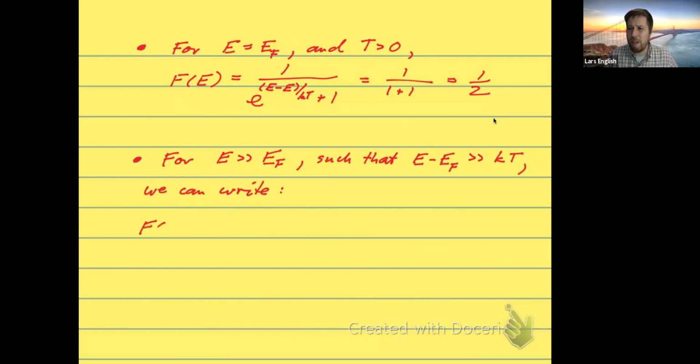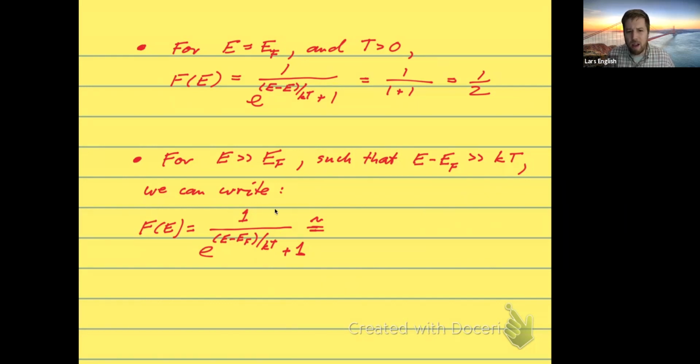And the final property worth pointing out is what happens when the energy is much, much larger than the Fermi energy. At absolute 0, it's clearly just 0, right? The f of E is just 0 when you're above the Fermi energy. But at non-zero temperatures, what does the functional form approach? We're in the limit of this difference being much, much larger than kT.